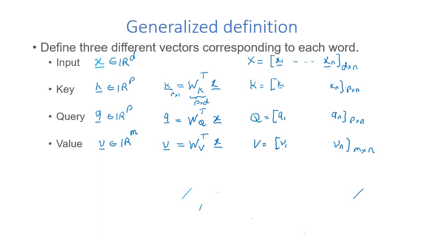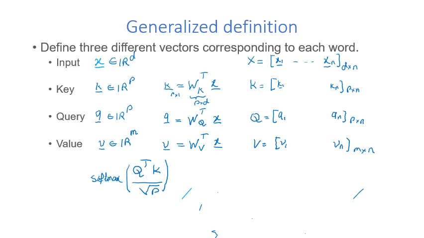Now the way that we compute attention is to compute dot product between the query and key. Okay, and usually we divide this by square root of the dimensionality of the vector. So after computing this, which is now an n by n matrix, we have a softmax layer on this.